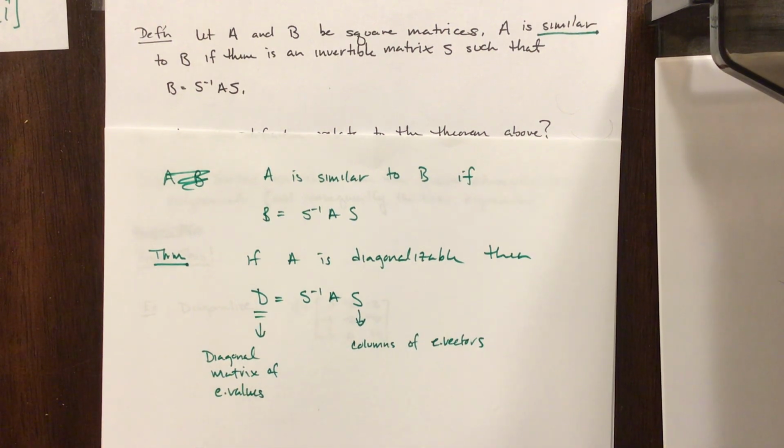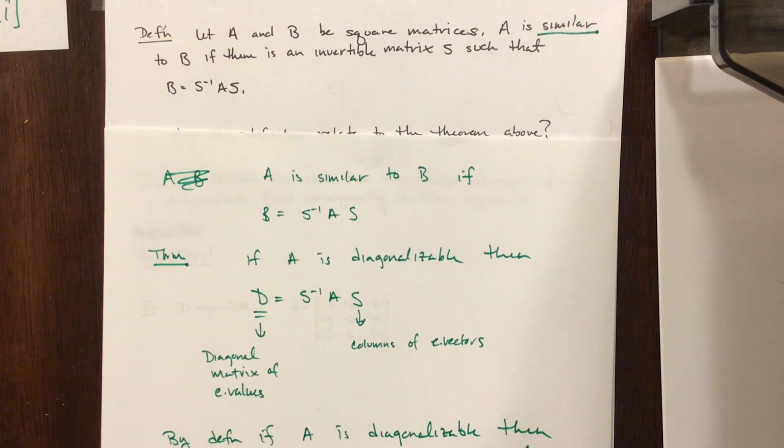The definition and the theorem are related to one another in the sense that you can say that by definition, if A is diagonalizable, then A is similar to D, the diagonal matrix of eigenvalues.